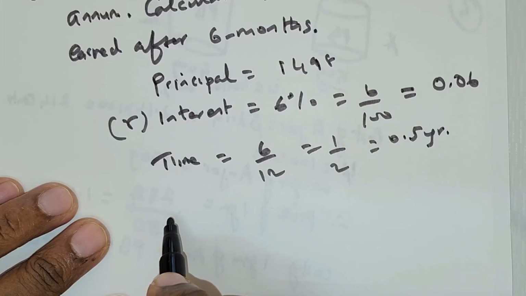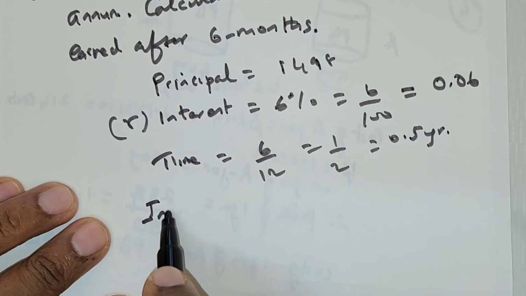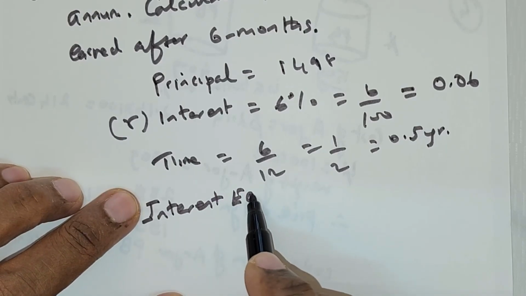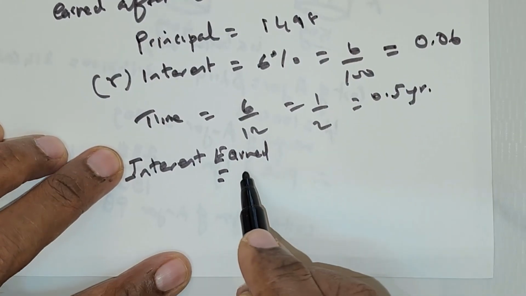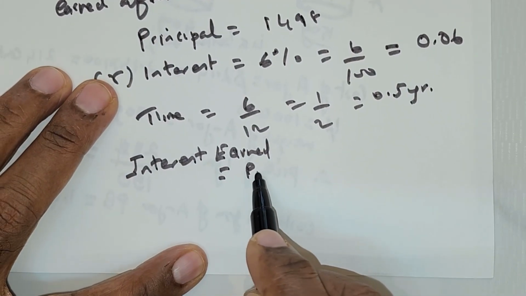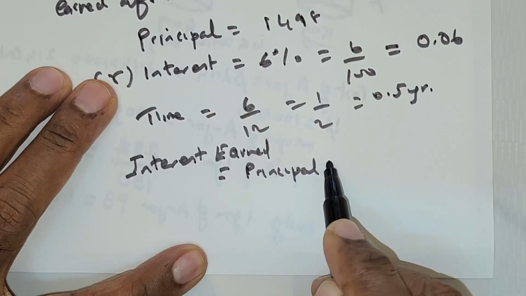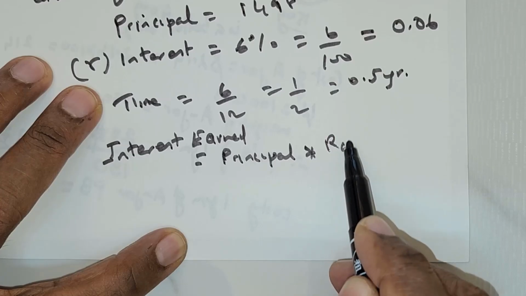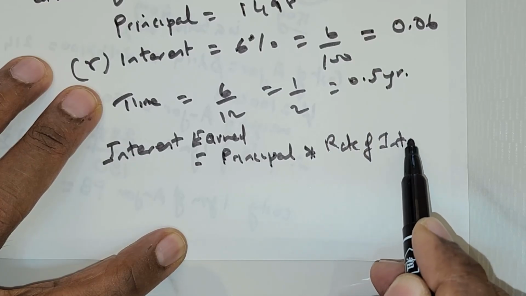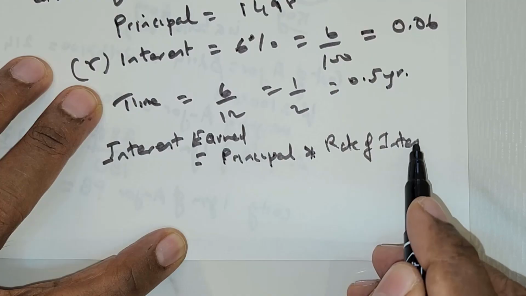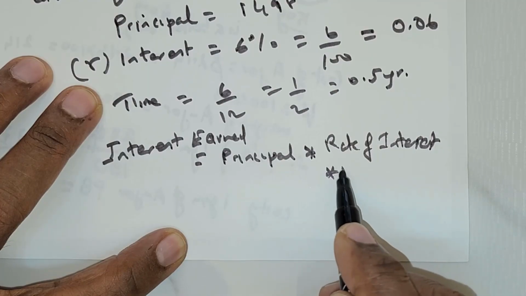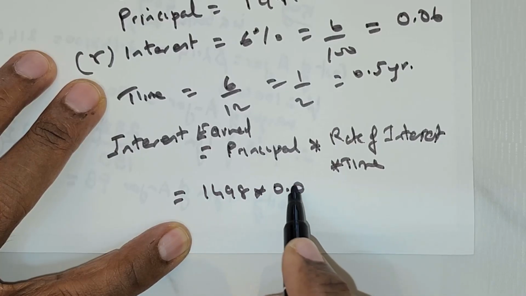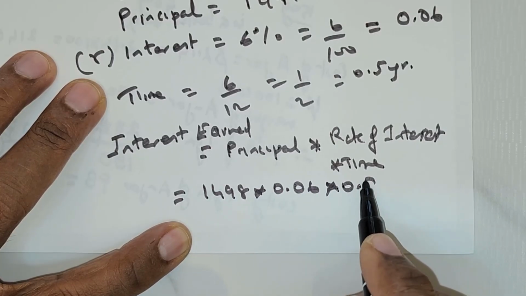Okay, so the interest earned will be the principal multiplied with the rate of interest and with the time. So 1498 times 0.06 multiplied with 0.5.